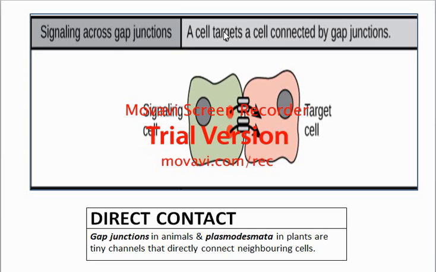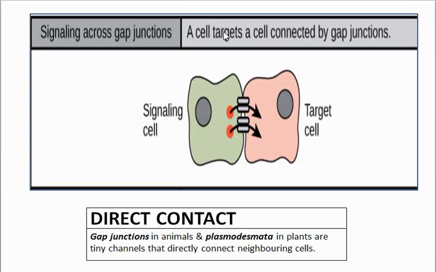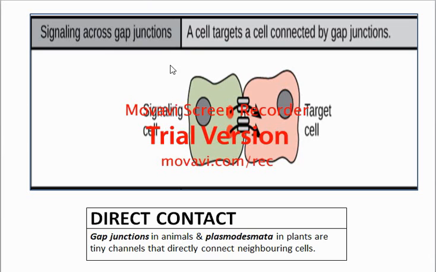This allows a group of cells to coordinate their response to a signal that only one of them may have received. In plants, there are plasmodesmata between almost all cells, making the entire plant into one giant network.